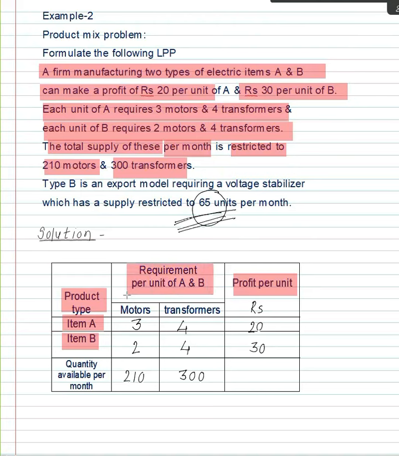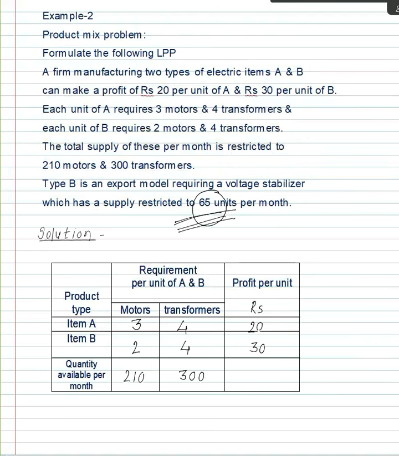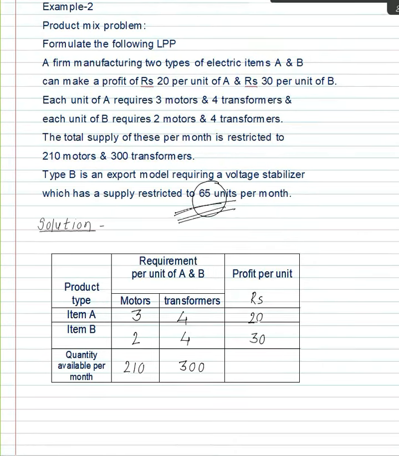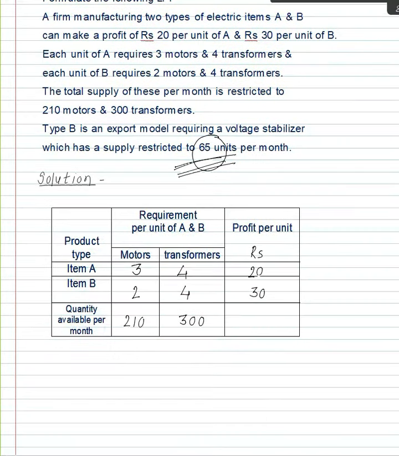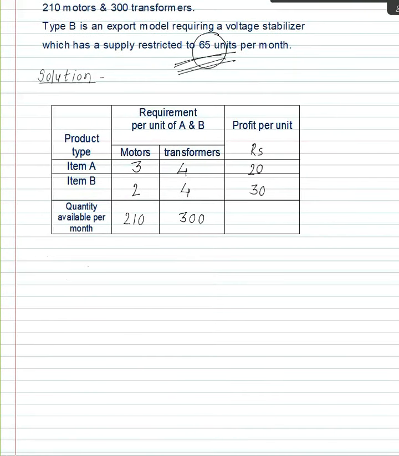Title of this middle column is requirement of motors and transformers per unit of item A and item B. Suppose that a manufacturer or a company produces X1 units of item A and X2 units of item B.